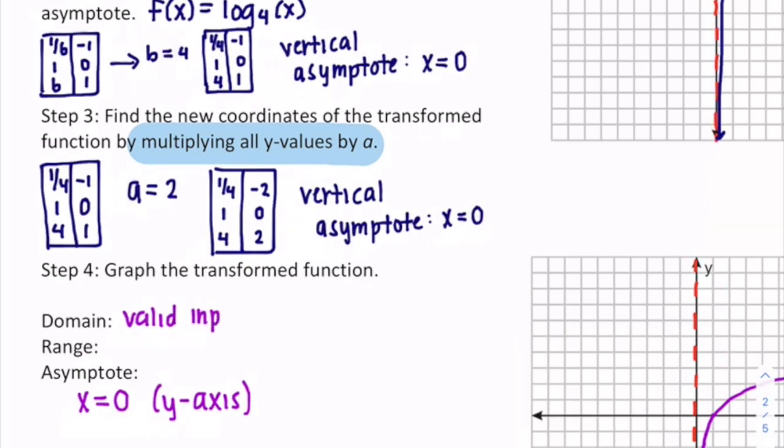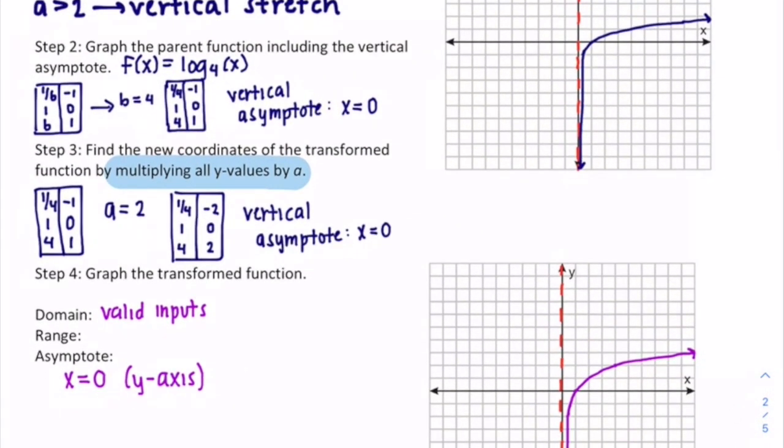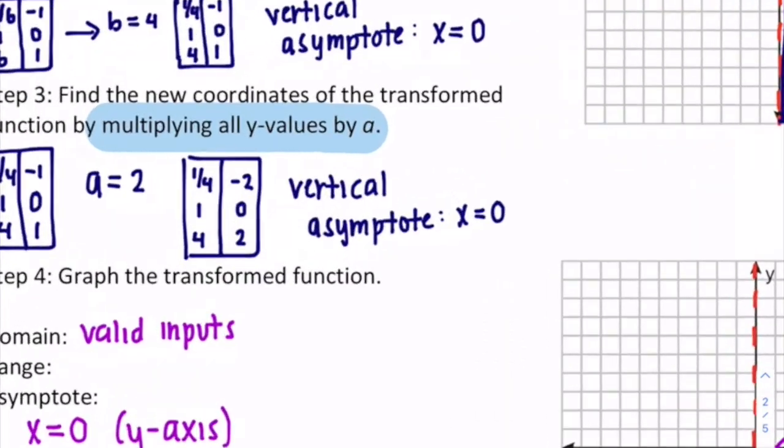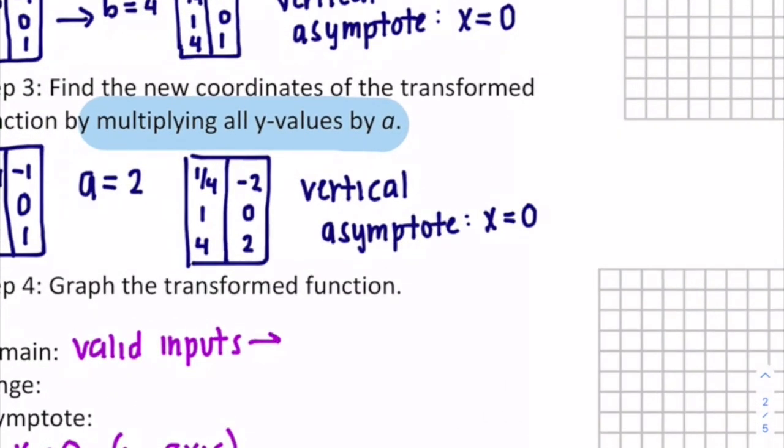So in other words, all of the x values that we can put into the function and get something out. If you look at the graph, notice that all of the x values in our function are greater than our asymptote. And remember, because it's an asymptote, our graph is not going to touch that line x equals 0. So for the domain, we're going to take all x values greater than but not equal to 0.